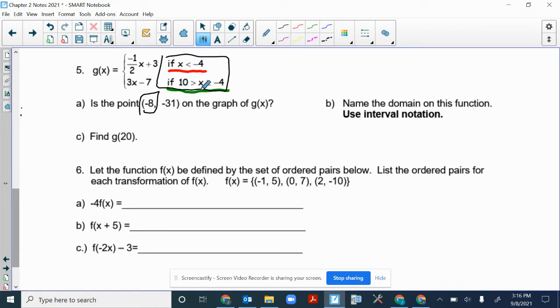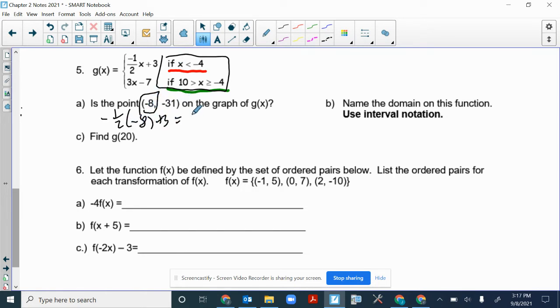And then if x is between -4 and 10, we use the second equation. Well, x here is -8, which is definitely less than -4, which means I substitute it into the first equation. Okay, so you do not substitute it into both. You only substitute it into the one equation that has that x included in it.